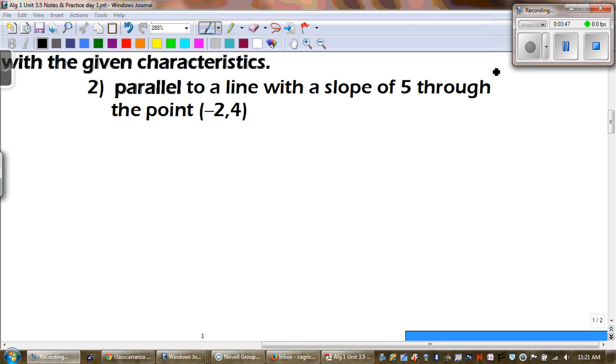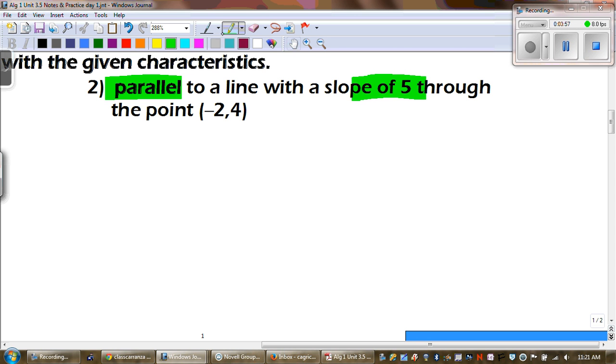Okay, looking at number 2. This says that it wants a line parallel. Parallel means the same slope. Okay? The slope is 5. So I'm going to steal the slope, because it says right there, the slope is 5. And then we've got the point, so 4, and this is going to change to a +2.